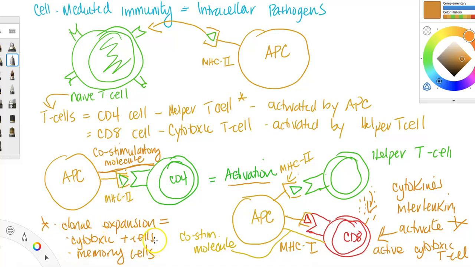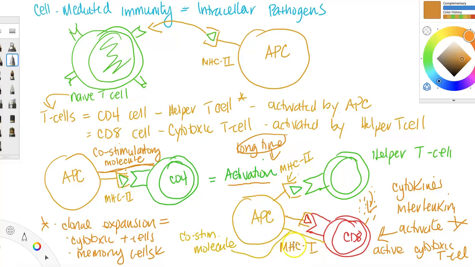The memory cells will be able to proliferate if you get exposed again without going through all of this. Okay, this again takes a long time. That process takes a long time. Once you have the memory cells, it doesn't have to go through all that again. You just get the cytotoxic T cells, and then they go and get rid of the infected cells.